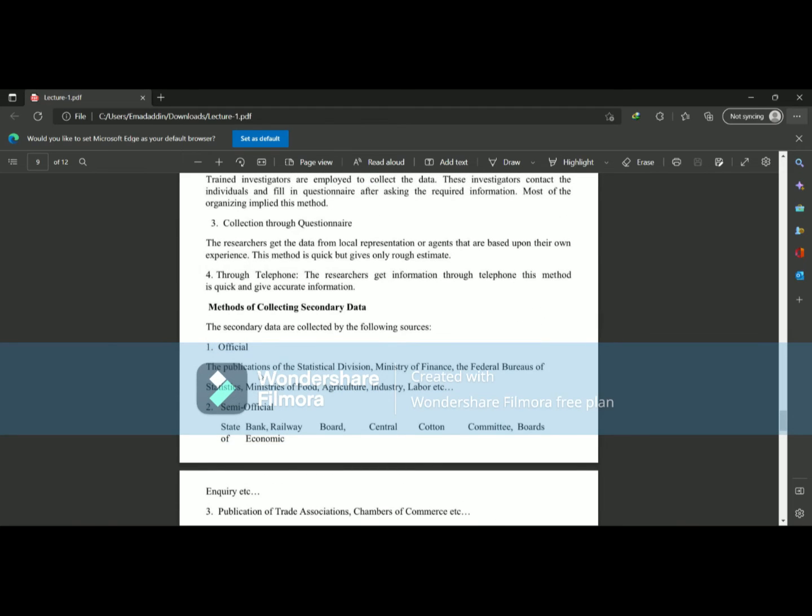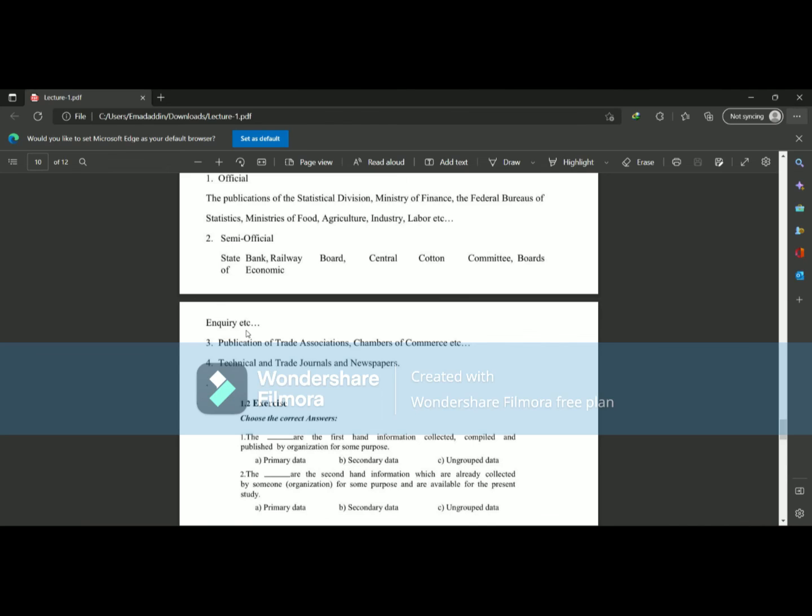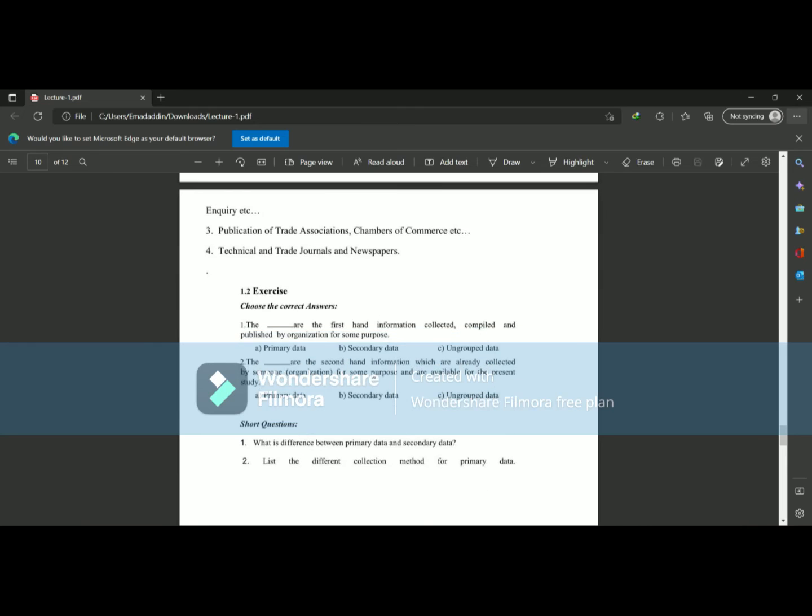The official: publications of the statistical division, Ministry of Finance, and federal bureaus of statistics, ministries of food, agriculture, industry, labor, etc. Semi-official: State Bank, Railway Board, Central Cotton Committee, boards of economic inquiry, etc. Publications of trade associations, chambers of commerce, etc. Technical and trade journals and newspapers.